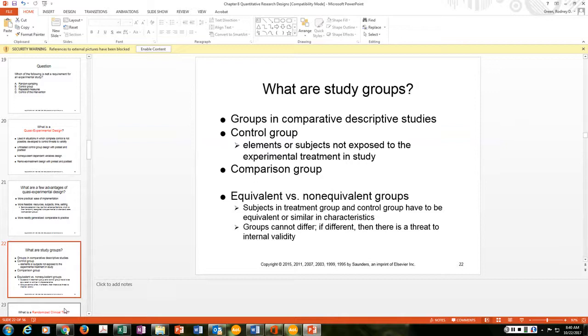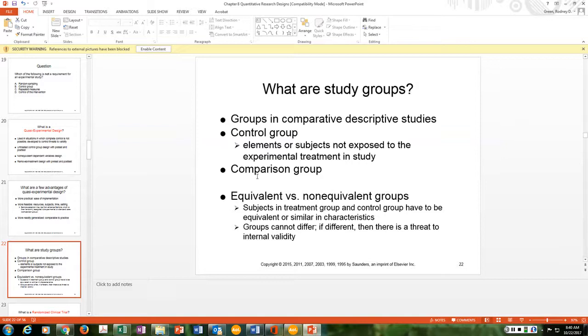What are the study groups? Study groups. This is a term that's used in comparative descriptive studies. There's a control group and there's a comparison group. The control group has the elements or subjects who are not exposed to the experimental treatment in the study.